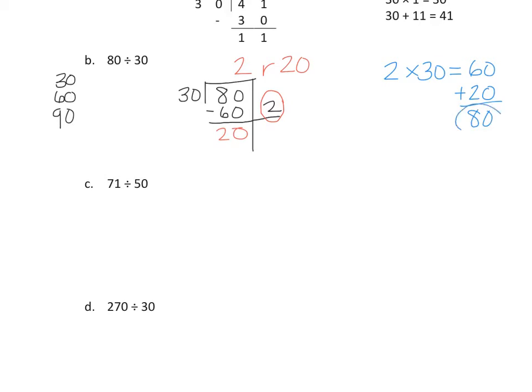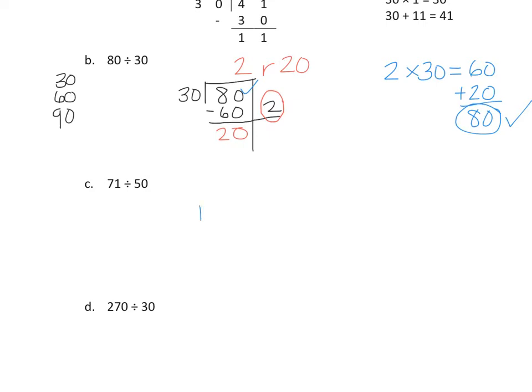And does this 80 match our dividend? Check. Yes, it does. So that means the quotient 2 remainder 20 is the correct quotient by doing the multiplication check.